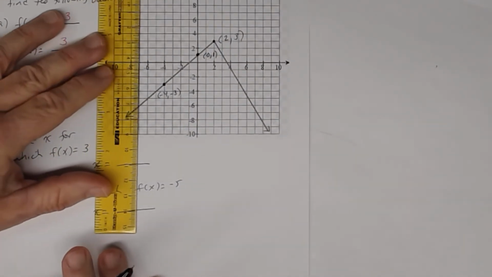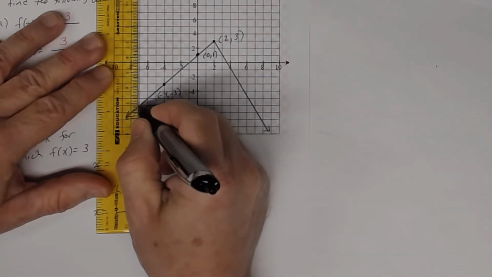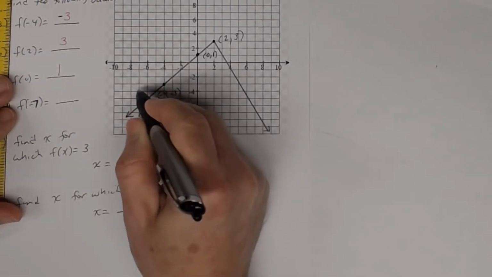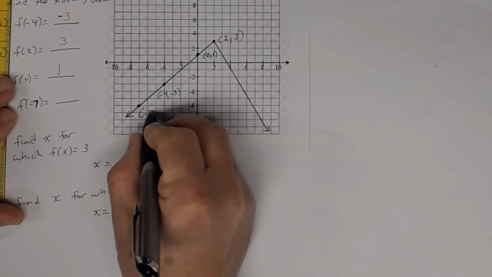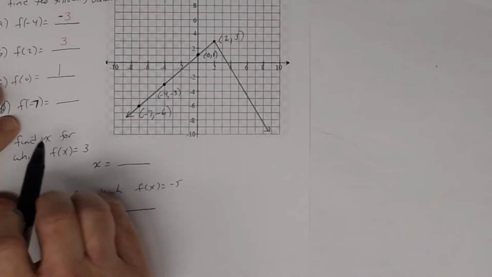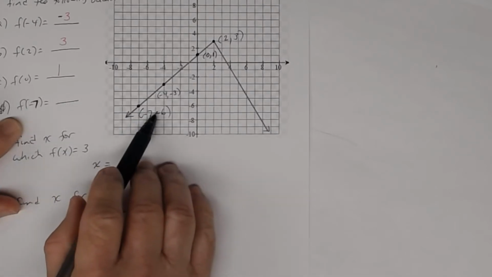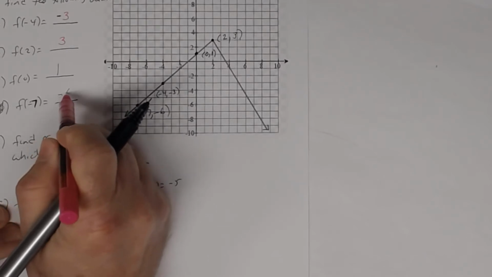I'm going to take my ruler, and I'm going to put a dot where that ruler intersects the graph, so that's here. And I'm going to label the point. So that's the point (negative 7, negative 6), and now I have the answer. When x is negative 7, my y value is negative 6. So it'll be negative 6.